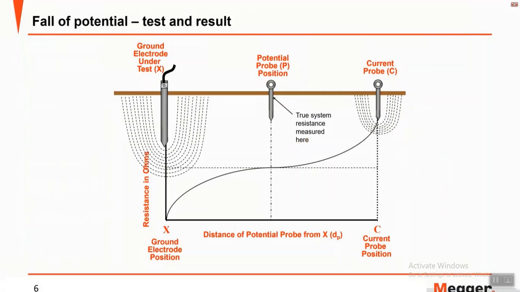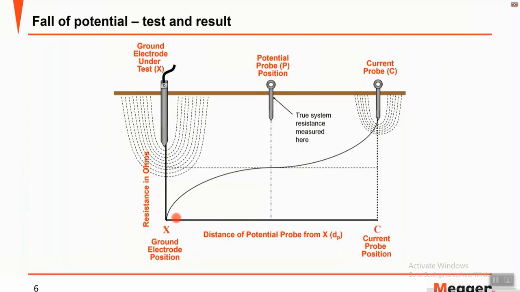Okay. Now this is also the same picture as before, but here you can see the slope graph. You can put the potential probe from maybe 10%, 20%, 30%, with the same distance range, up to maybe 80 or 90%.